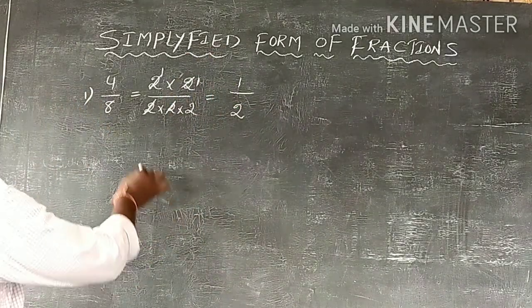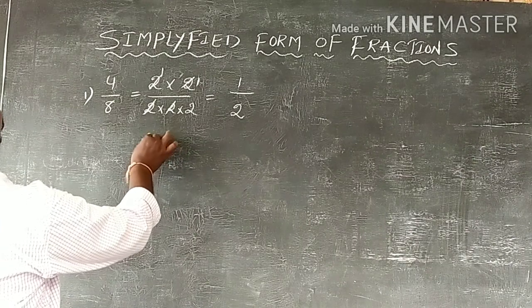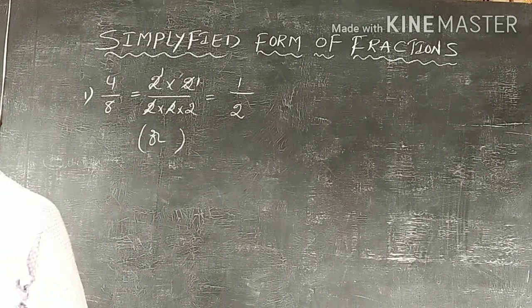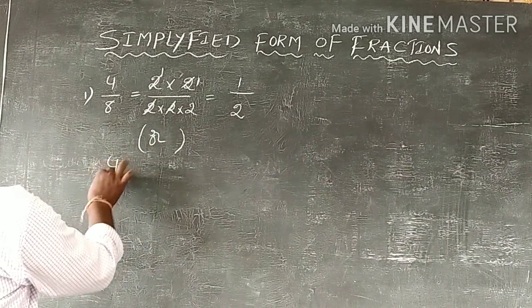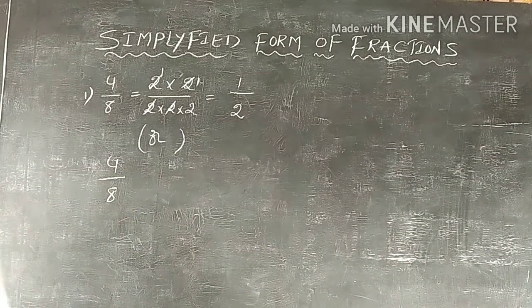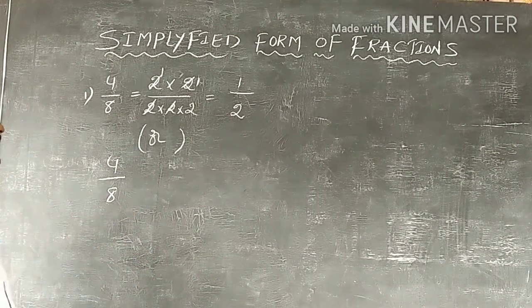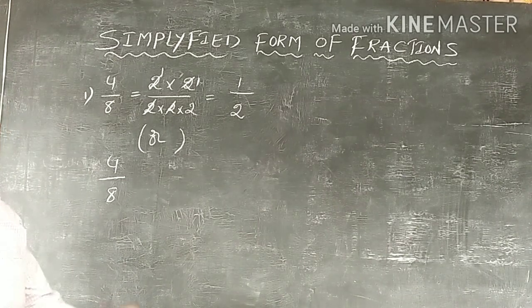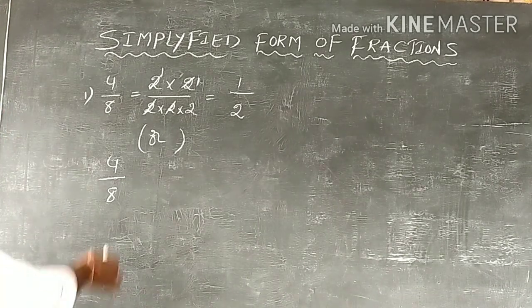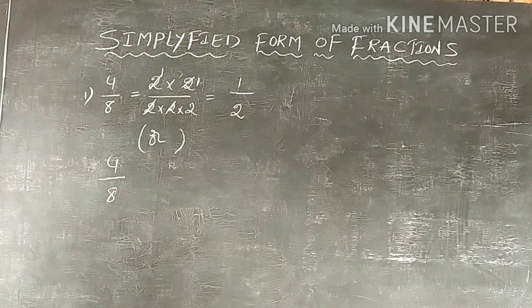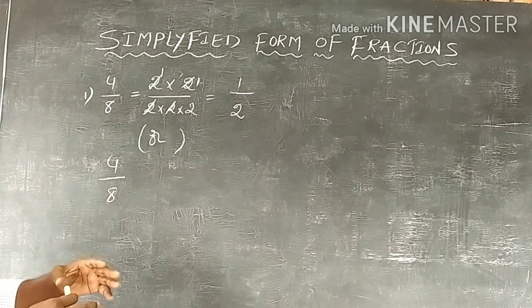The same thing we can do this way also. Second method: 4 by 8. The second method is the cancellation method. How to cancel? See whether the numerator and denominator have common factors.